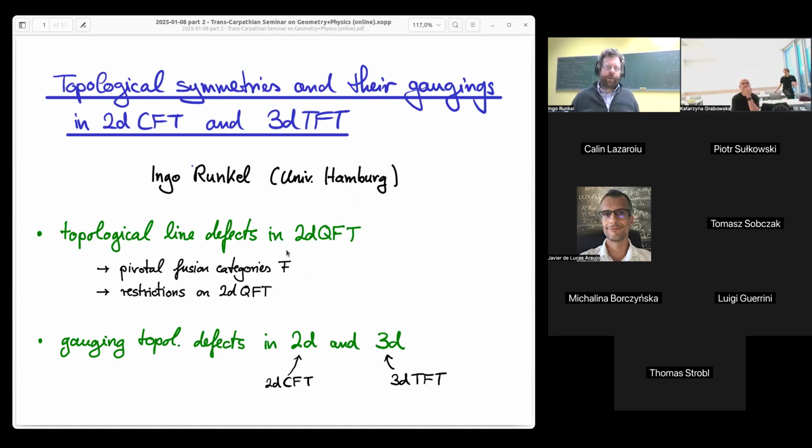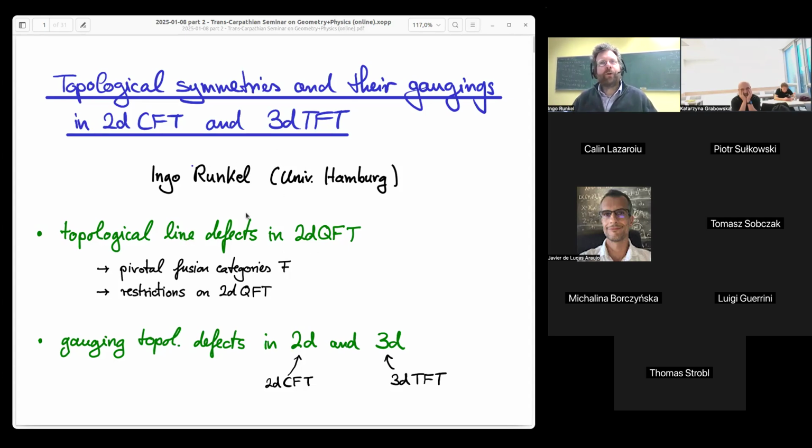And I want to do something which I didn't discuss in the Ising example, which is I want to say that you can gauge these. So if we understand them as these topological line defects, or higher dimensional defects if we are in a higher dimensional theory, if you understand them as symmetries, which may or may not be invertible, but still a symmetry, we can ask, can they be gauged? Can we go to some sort of invariant model under these symmetries? Okay. So that's the plan.